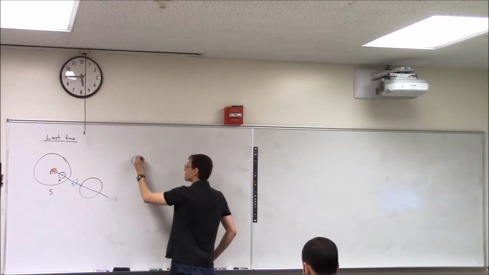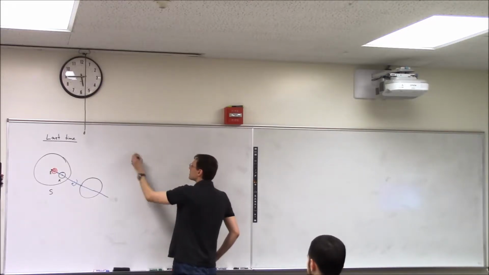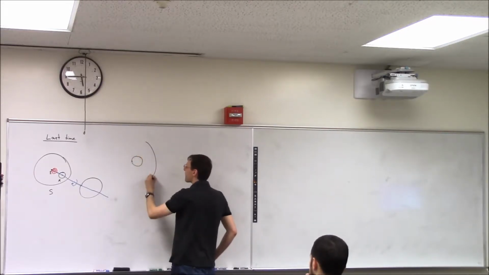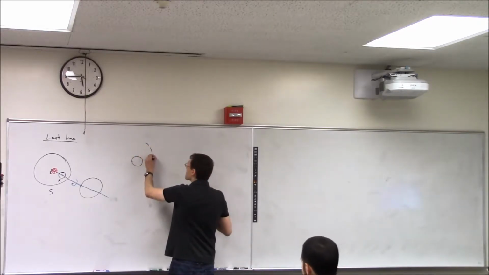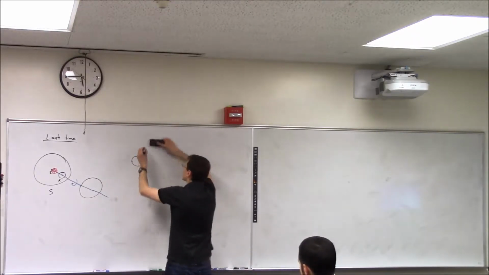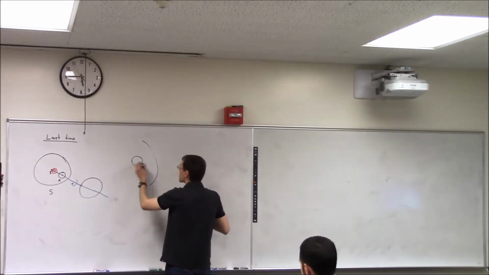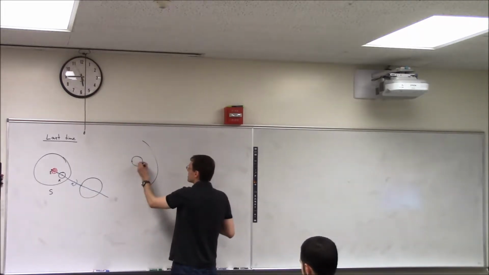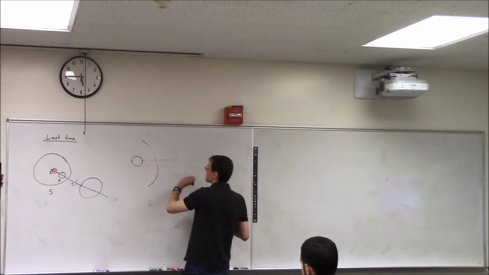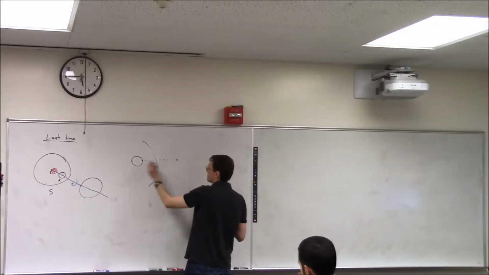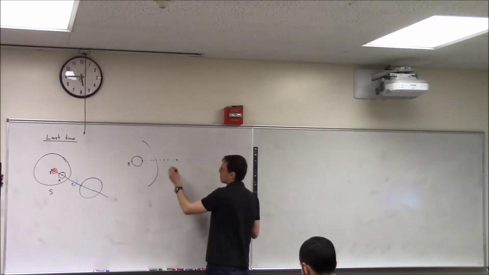Remember this thing we did. So what you do is, you find this point, the image of this point. It's going to be, say, somewhere here, if it is a circle, right?